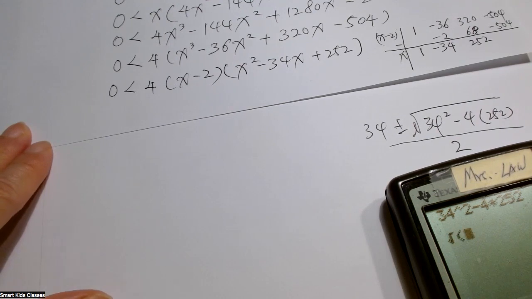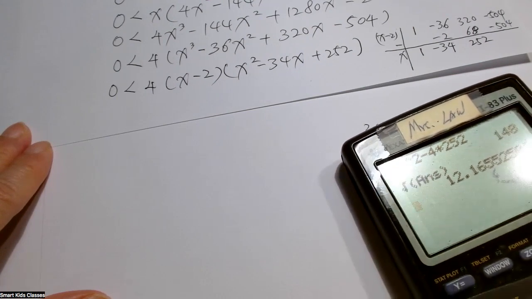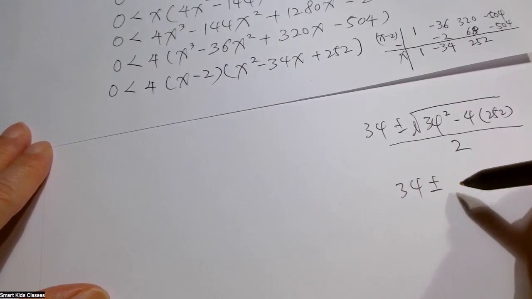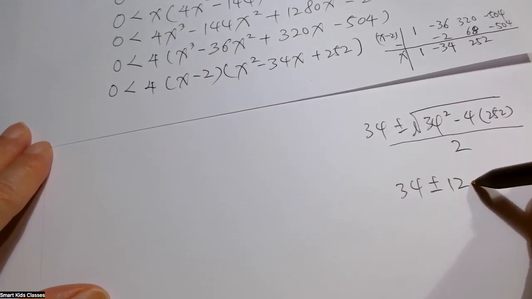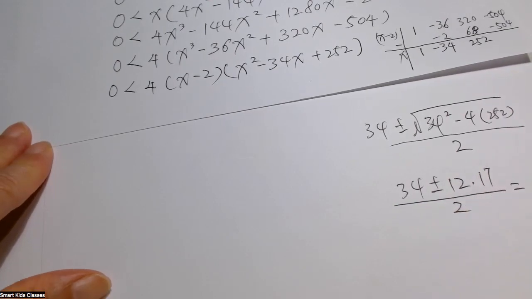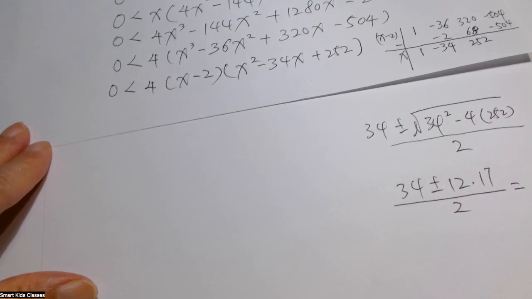We're going to put it into a square root. It's 12.17. So we got 34 plus or minus 12.17, divided by 2. Now let's get the first answer. It is positive. We get 34 plus 12.17 divided by 2, so we got 23.08.